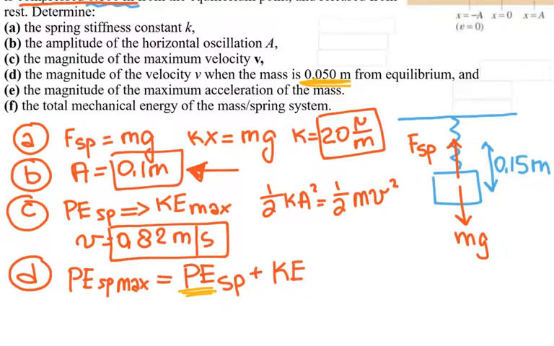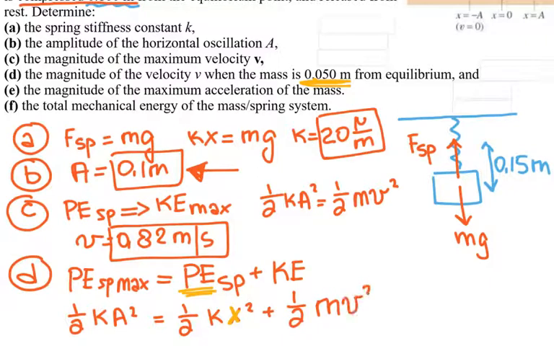This is the one we're looking for the velocity. So I have 1/2 kA squared equals 1/2 k x squared, where x is 0.05, plus 1/2 mv squared, and that's the velocity they ask you to find.